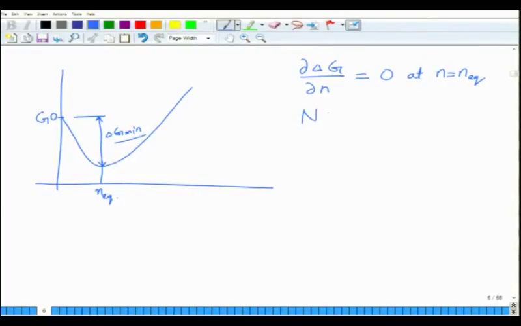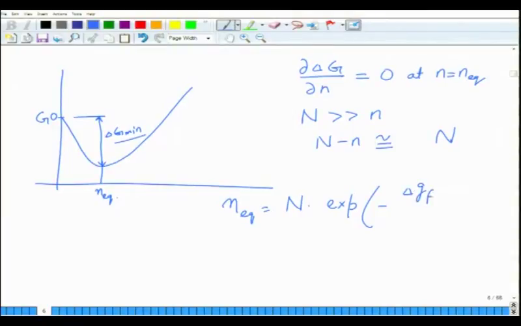Since capital N is much larger than small n, I can say capital N minus n is equal to capital N. If I differentiate the above equation which I showed earlier and apply this condition, what we will get is n equilibrium is equal to capital N multiplied by exponential of minus delta Gf divided by small kT.